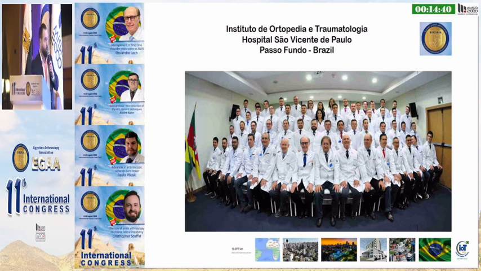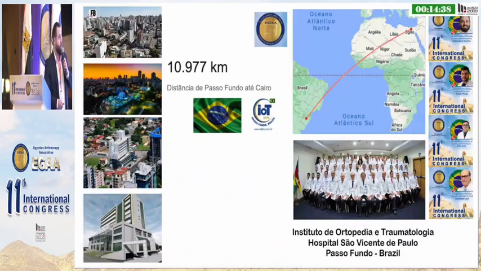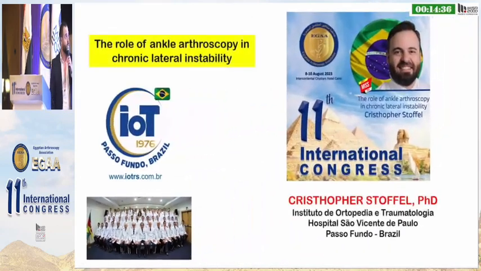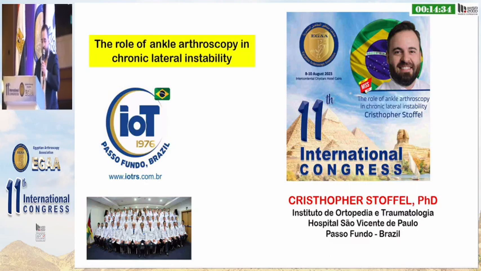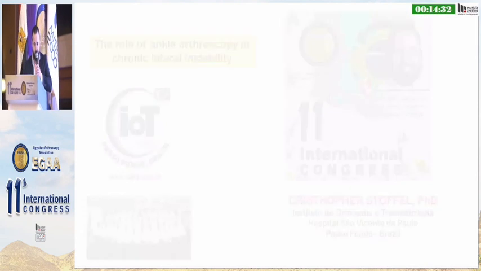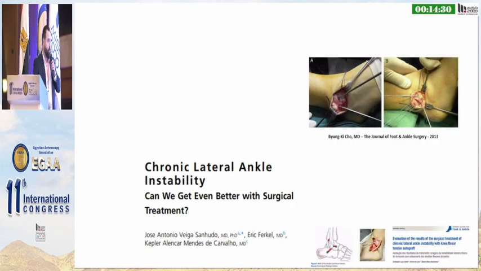So I will talk a little bit now about the role of ankle arthroscopy in chronic lateral instability. A good way to start is with this question: can we get even better with surgical treatment of chronic lateral ankle instability? Because with the open techniques we have, we have very good results.